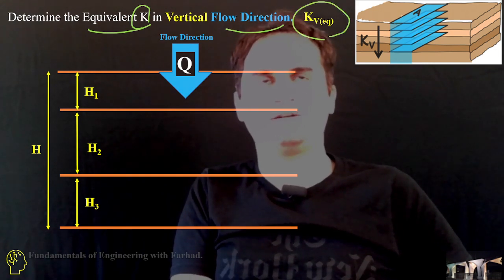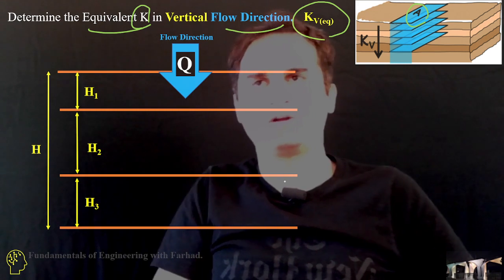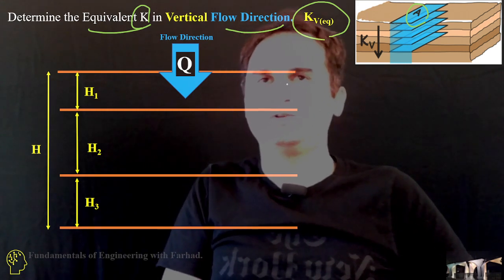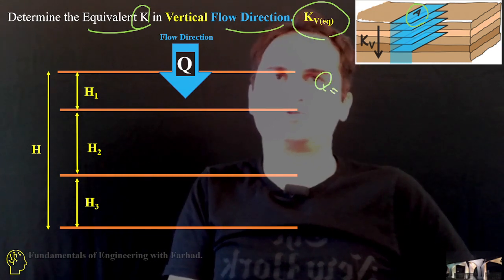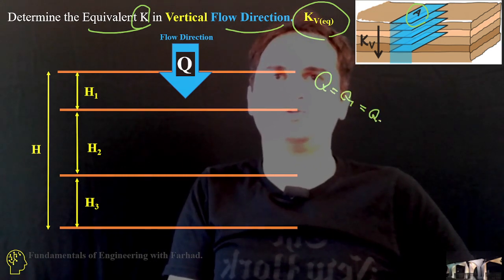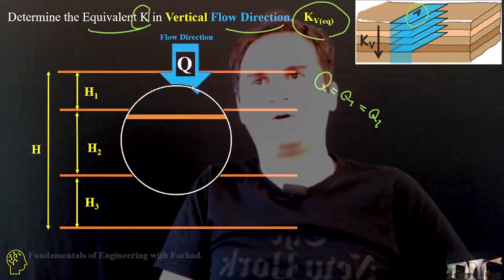We just consider a cross-sectional area A with all the samples. So our area is the same. We can simply know that this time our Q is the same through all the layers. The same discharge passes through all the layers.